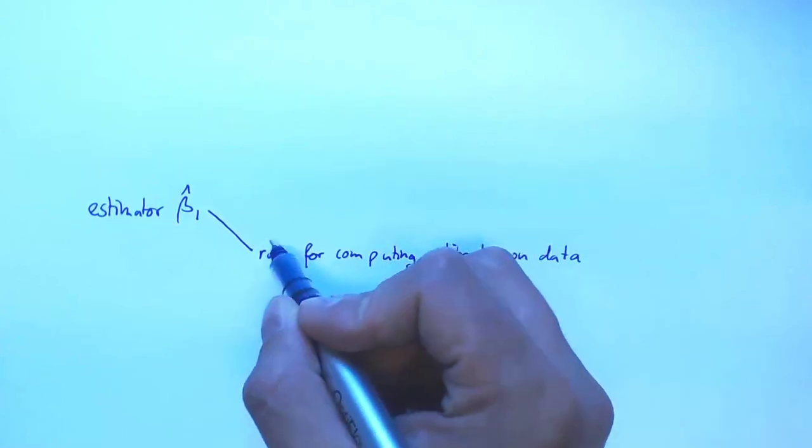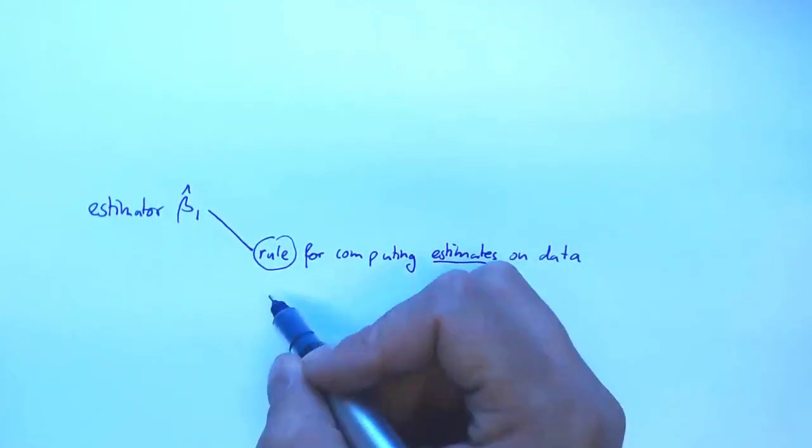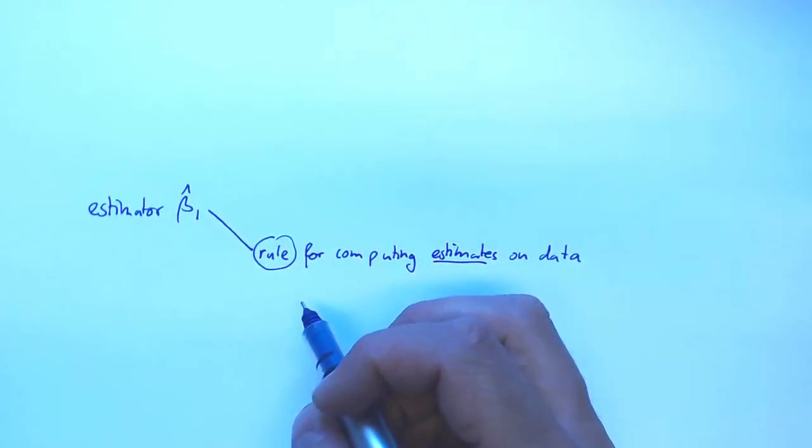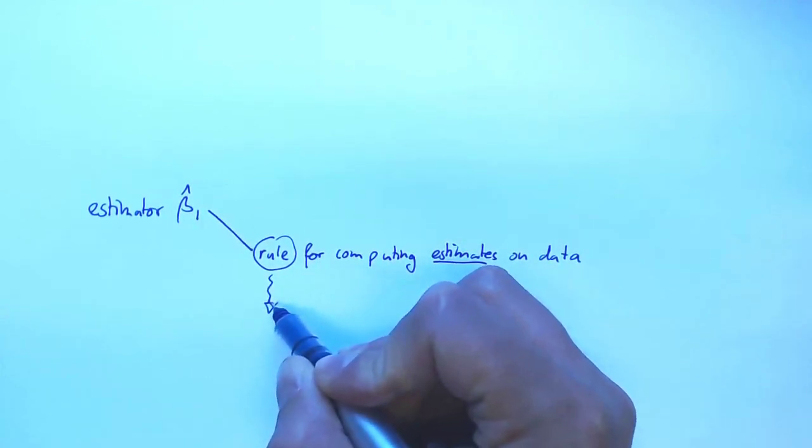So if you have a data set, so you have certain columns of numbers, then there's a rule that tells you how to combine these numbers into an estimate, so into a new number. And we're wondering now, is this rule that the OLS estimator is using a good rule?